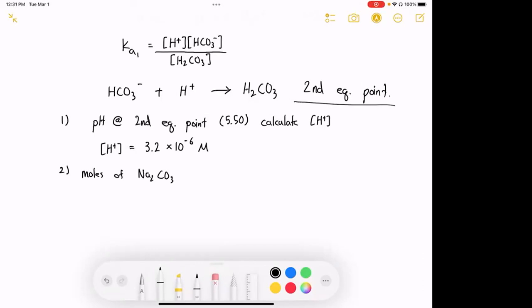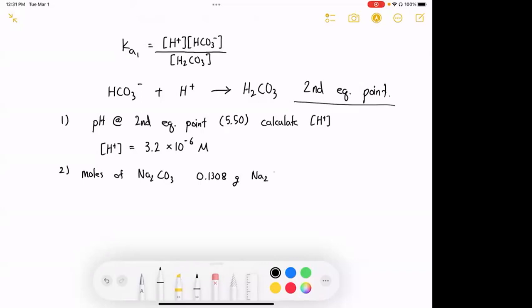let's see here. All right, let's say I weighed out 0.1308 grams of sodium carbonate.